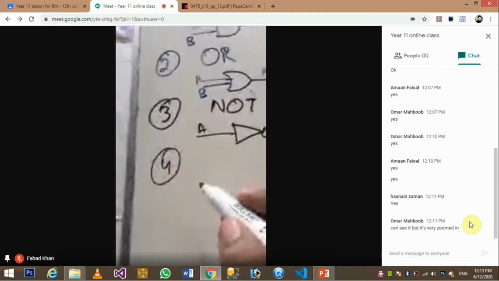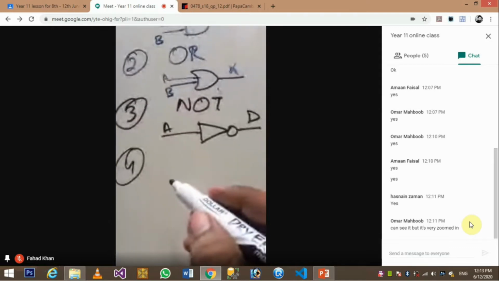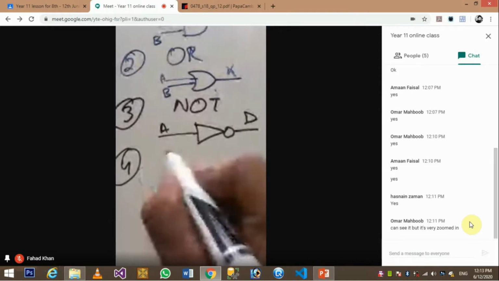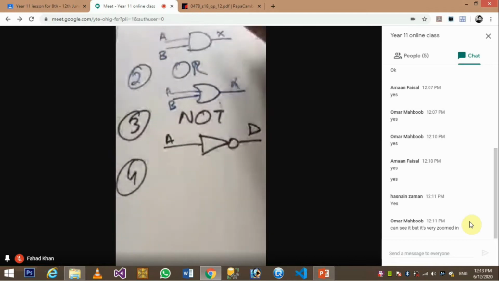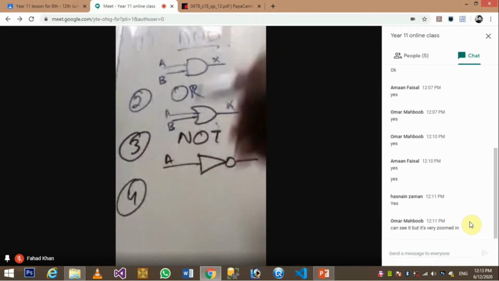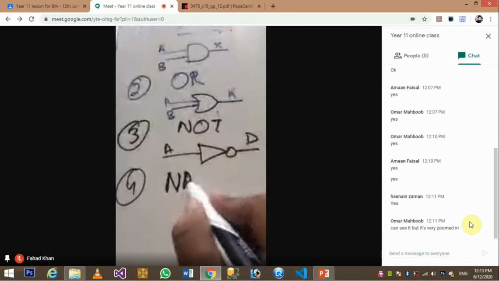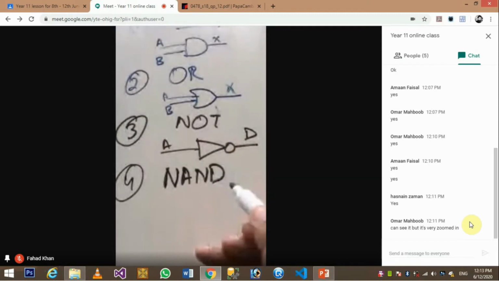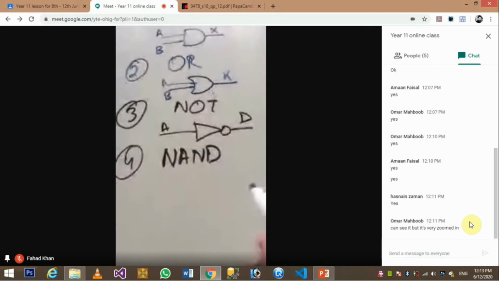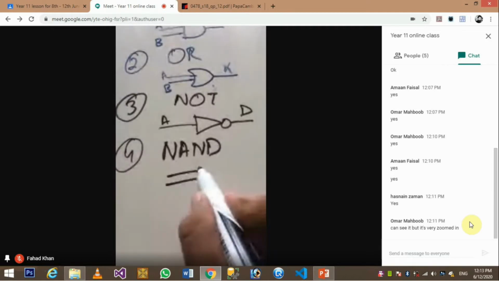The fourth one should be not an AND gate, that would be NAND. So the representation of the NAND gate is this.